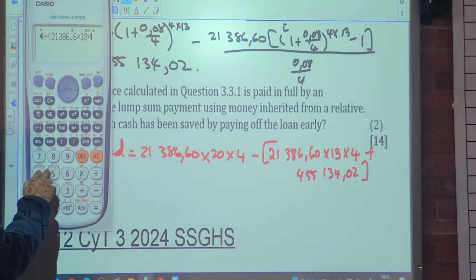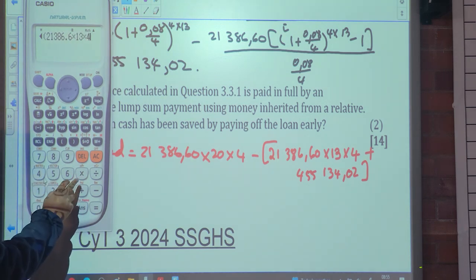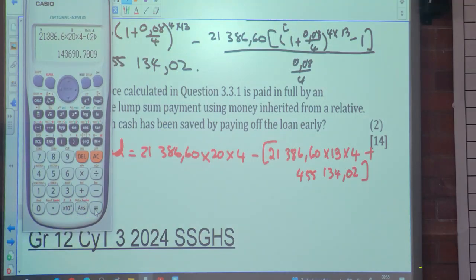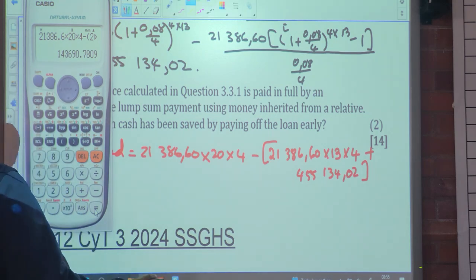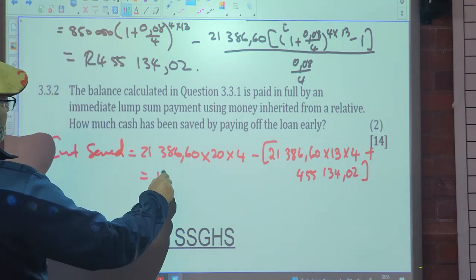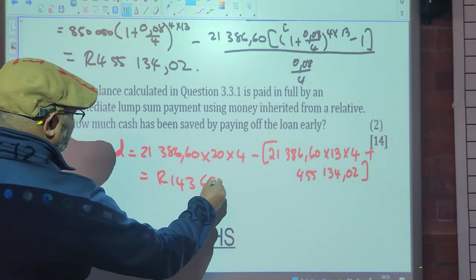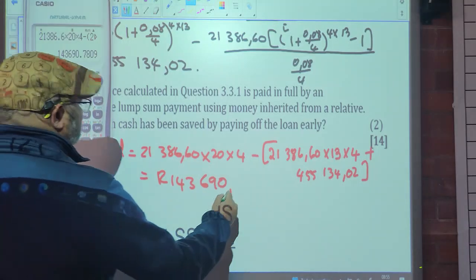We pay that for 13 years quarterly plus that lump sum. So he saves, is that correct? Yes, sir. 143,690 rand and 78.